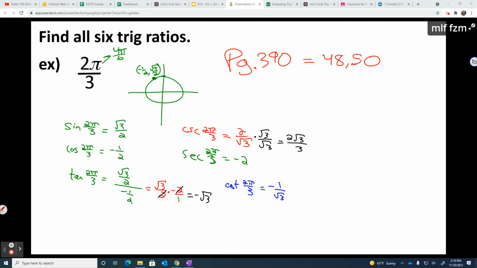That's cotangent. And we'll multiply by radical 3 over radical 3. That gives us negative radical 3 over 3.